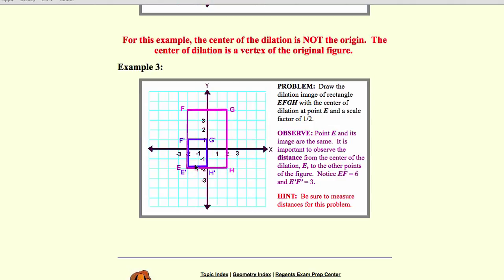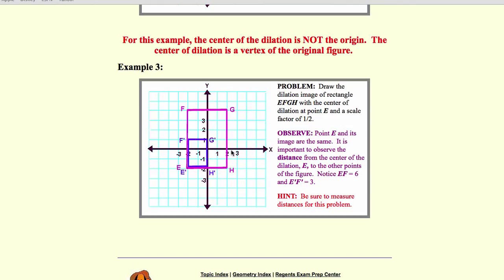Look at the blue rectangle, E prime to F prime, 1, 2, 3. So I don't even really need to multiply anything. I just need to fixate this point here and count the length of the sides. Now along this coordinate plane, it's easy to do to find that length.